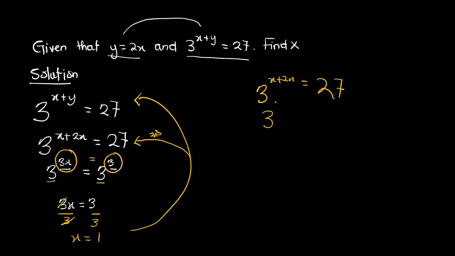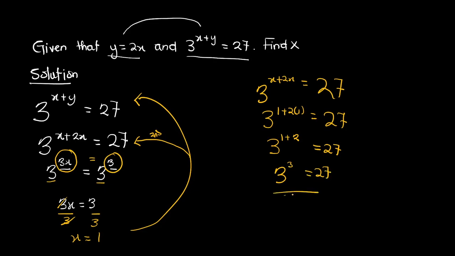With x is 1, here will be 3 raised to the power 1 plus 2 into bracket 1, which is 27. So I have 3 raised to the power 1 plus 2 multiplied by 1, which is 2, equal to 27. Then this becomes 3 raised to the power 1 plus 2, which gives me 3, and this is equal to 27. Okay, so 3 raised to the power 3 is 27, and therefore our answer is correct.